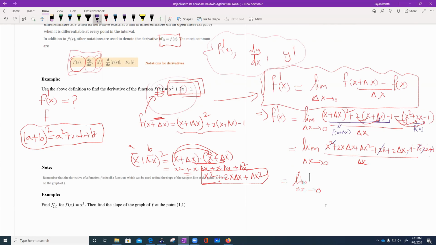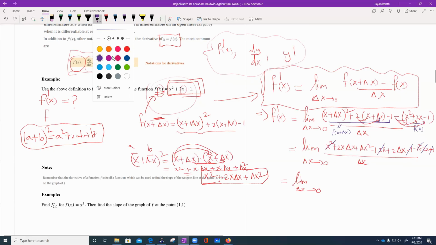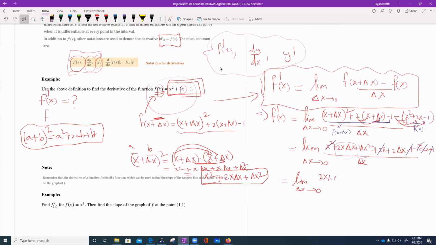These all are going to be cancelled. So the leftover components are simply 2x delta x, then plus delta x squared, then the third piece is plus 2 delta x. That makes sense? It's all over delta x.